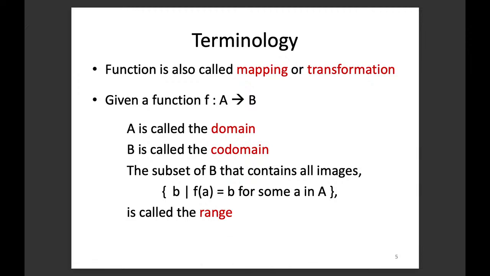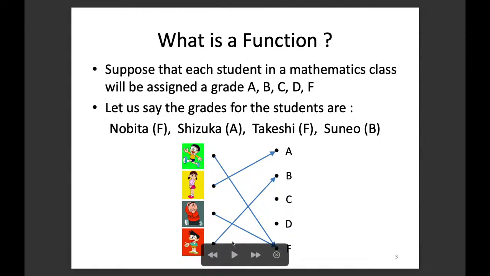So let's take a look at the first example here. In this example, the domain is the set of students, so it contains 4 students. The codomain is the set of grades, so there are 5 items A, B, C, D, F here.